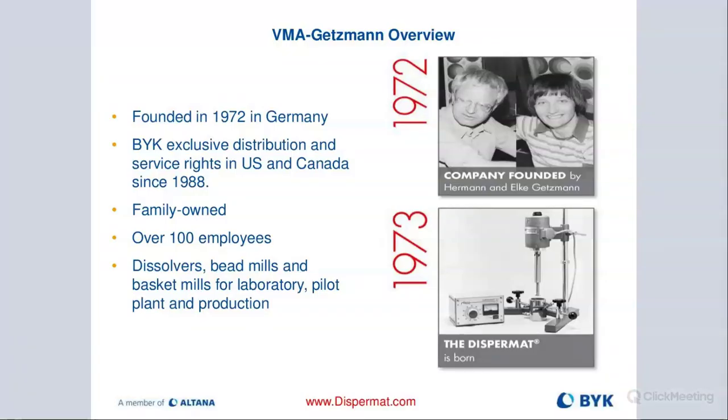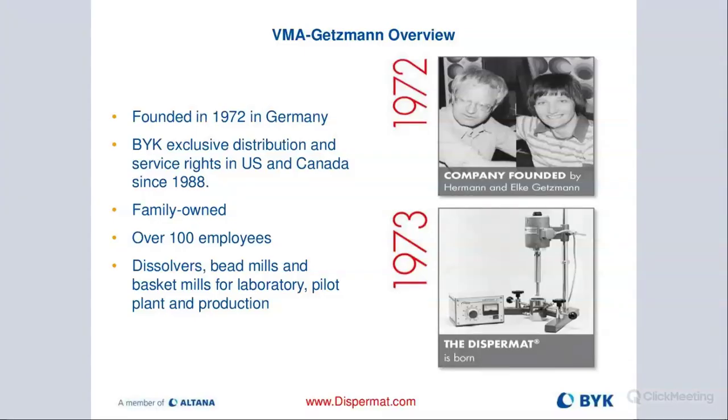Hermann founded that business almost over 50 years ago, and it's still in family hands. The company is now run by his two children, Christian and Martin Getzmann. And Hermann still comes into the company about once a week just to follow up with everybody and make sure that they are still following his design philosophy of the Dispermats.